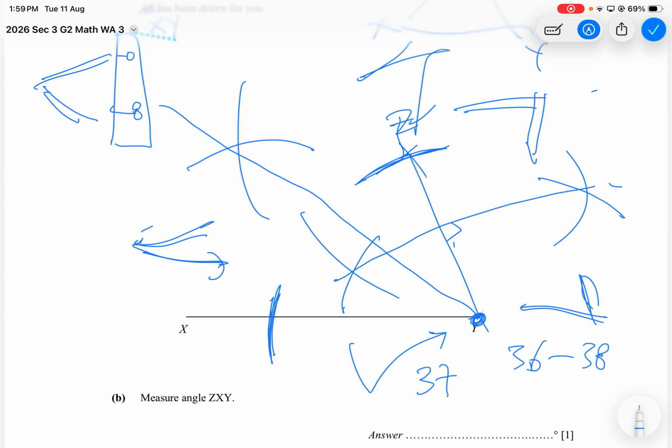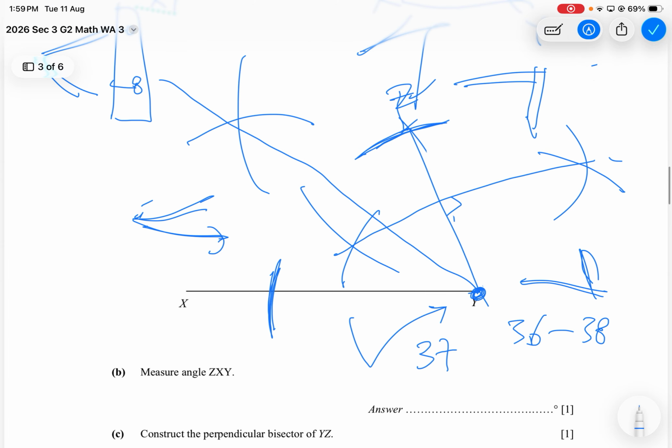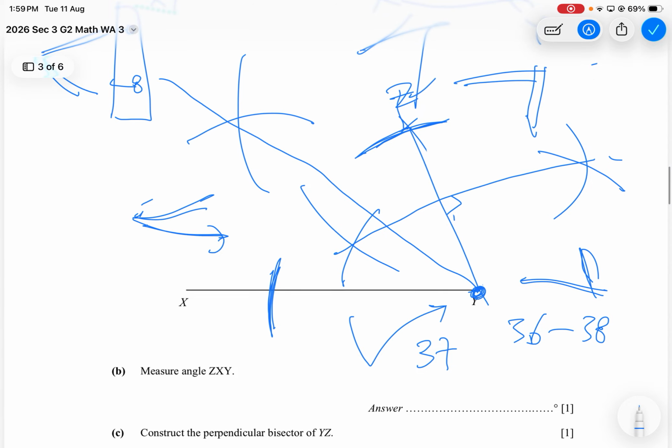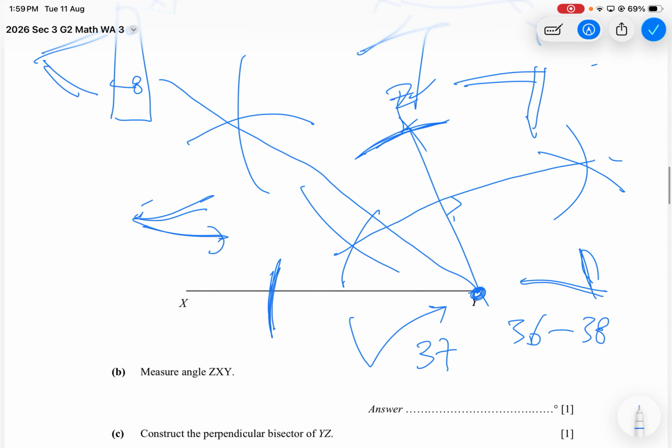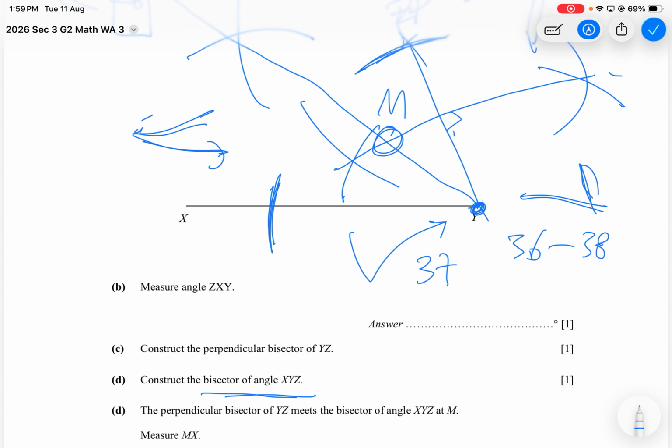Again, we do this so many times in class. Then they tell you the angle bisector meets the perpendicular bisector. So this angle bisector meets this perpendicular bisector. This is the point they want you to know, that is M. Then after that, measure the distance of M from X. Take your ruler and measure.